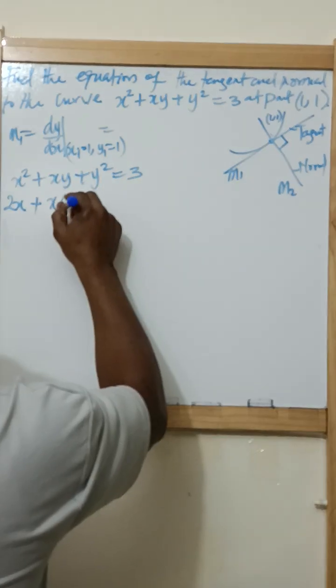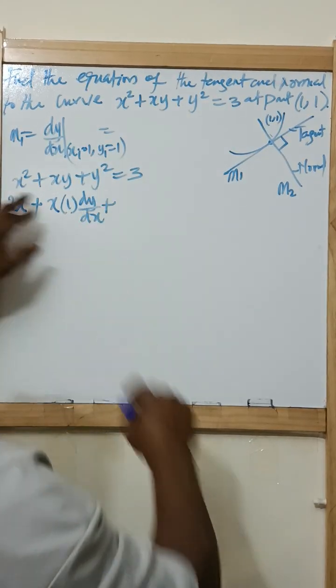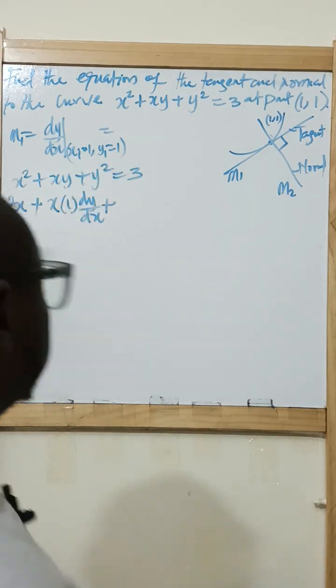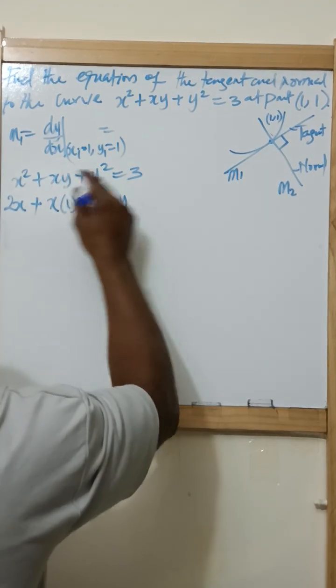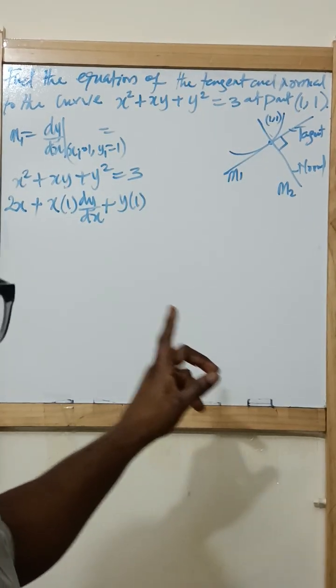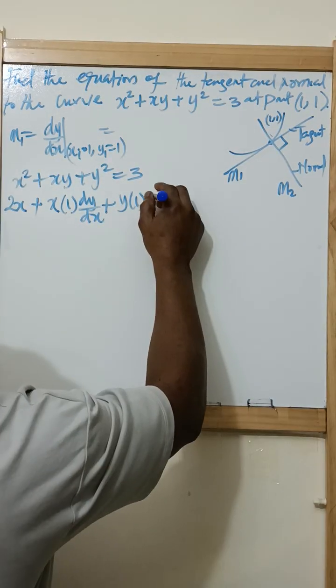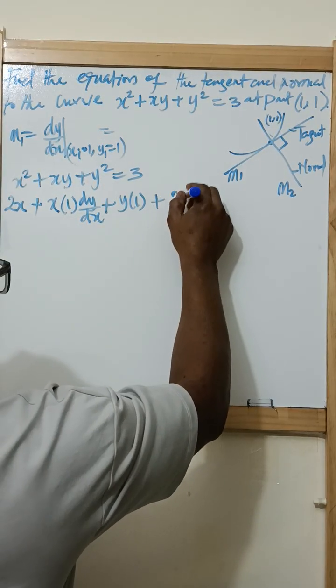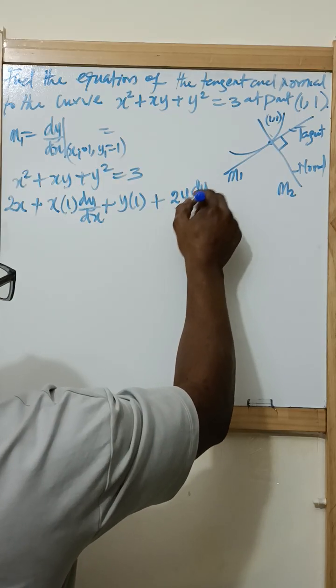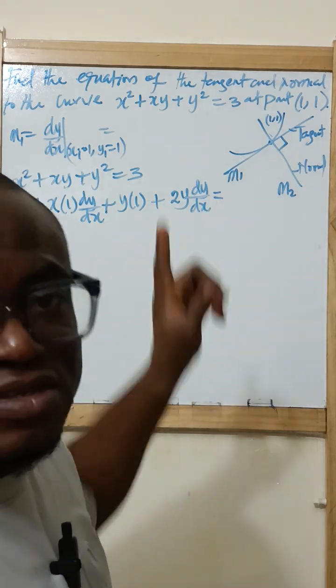Differentiating y, that will be 1, then the dy/dx. Now you keep y, differentiate x, that will be 1. So that's it, we're applying the product rule there. Now for this one, we differentiate y squared to 2y, then attach the dy/dx to it. And differentiation of a constant is equal to 0.